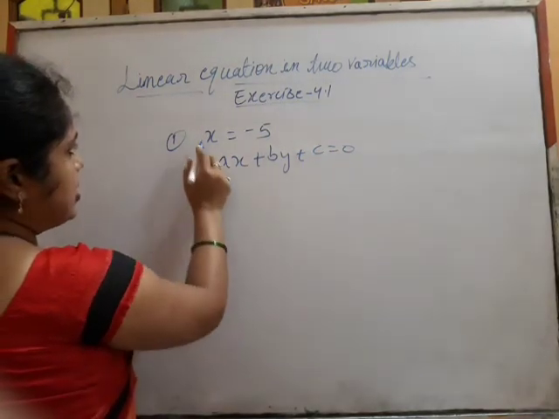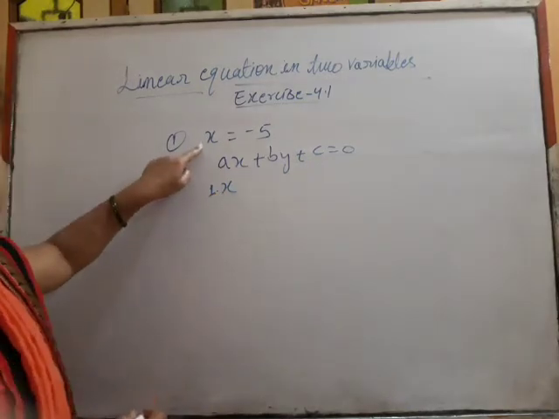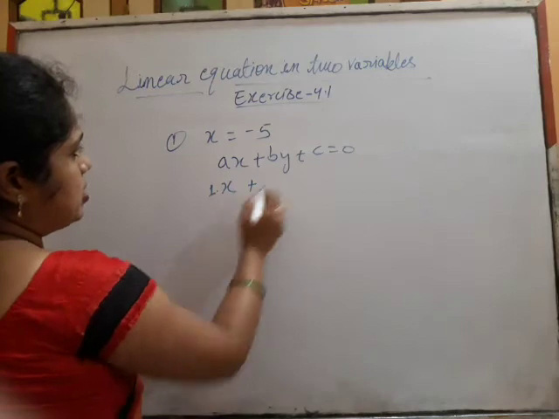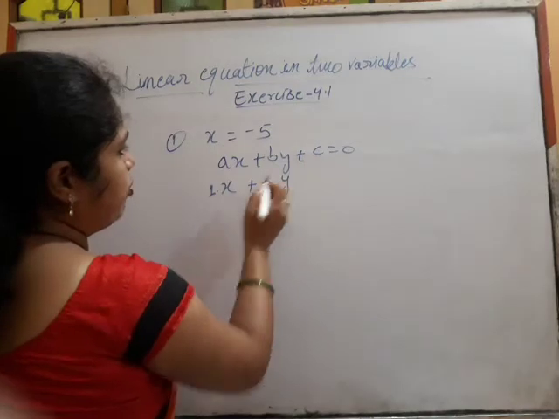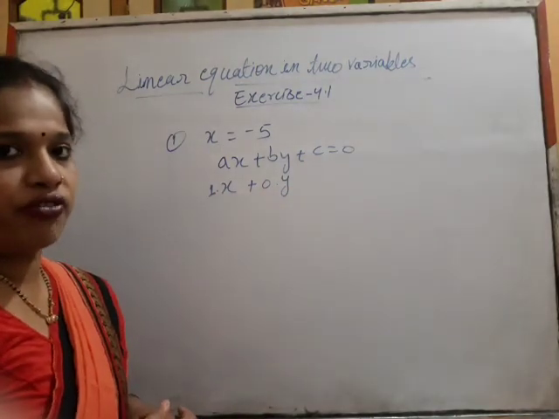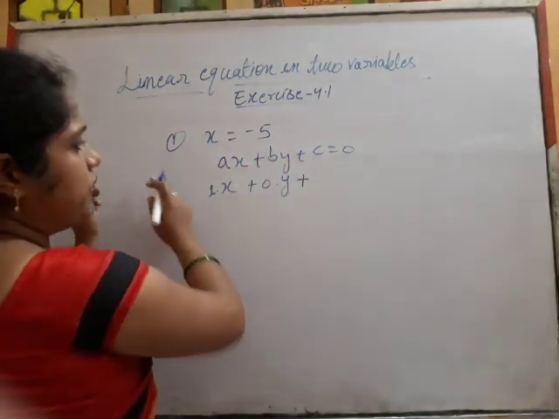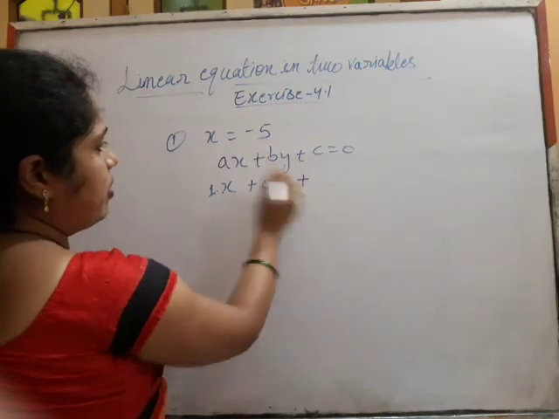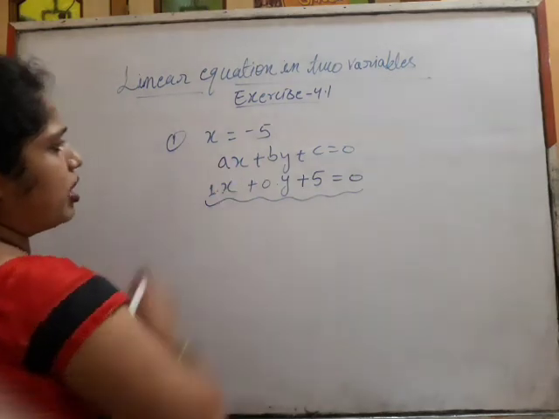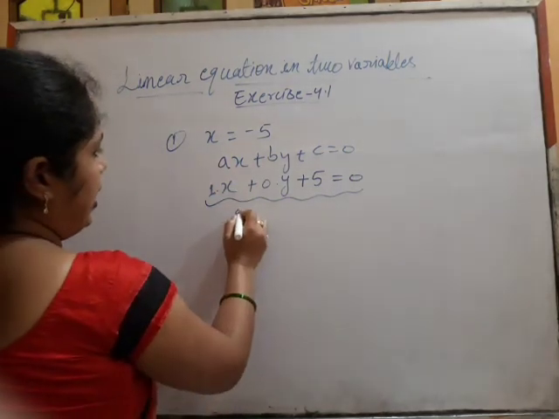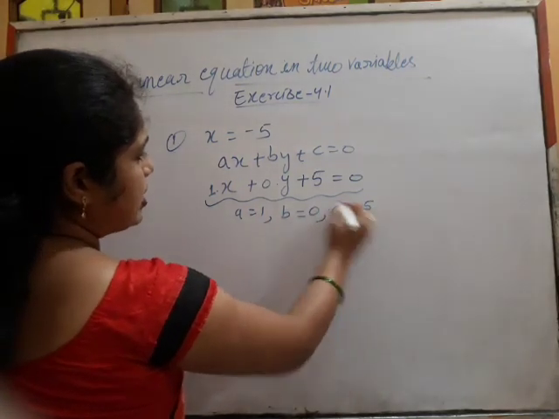The coefficient of x here is 1, then plus y also should be here, but the coefficient of y is 0. And plus c: this minus 5 will be shifted to the left hand side and become plus 5. Now this looks similar to the general form. Here a is 1, b is 0 and c is 5.